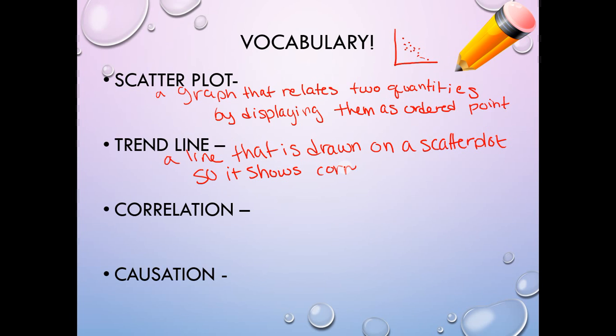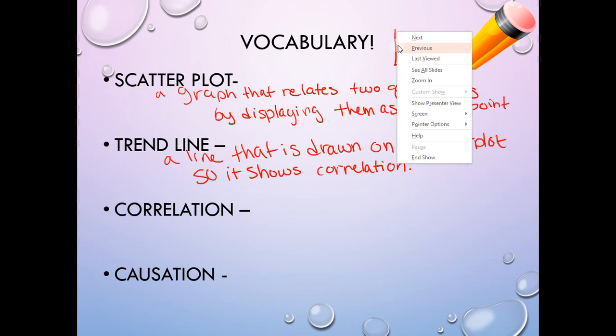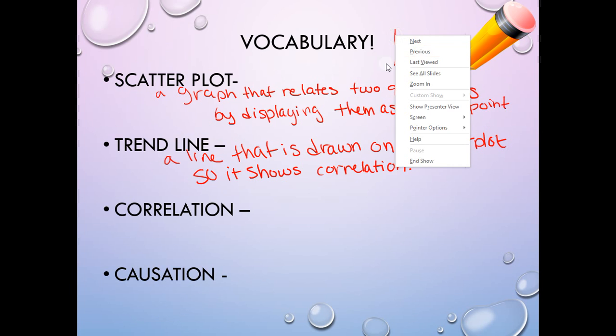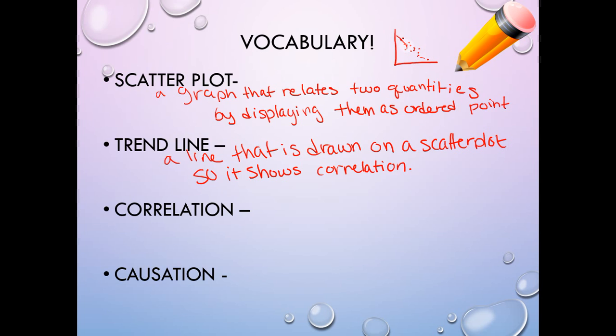So basically, a trend line is always going to be drawn in the middle of the points just to kind of show the general shape of my graph. So if I have this graph up here, I would start doing a trend line, something like this. I'm going to go down, be something like that. It cuts straight through the graph.